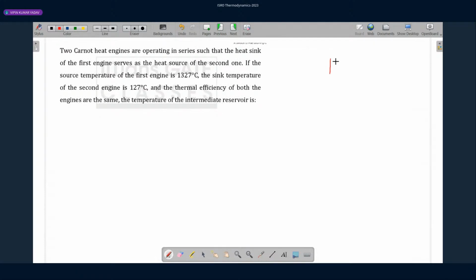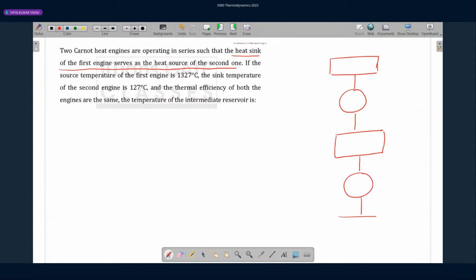So basically we have one Carnot engine, and the second is added in series, such that the heat sink for the first engine serves as the heat source for the second one. So this is your second heat engine. Let us say this is T1, this is T2, and this is T3. This is heat engine 1 and this is heat engine 2.